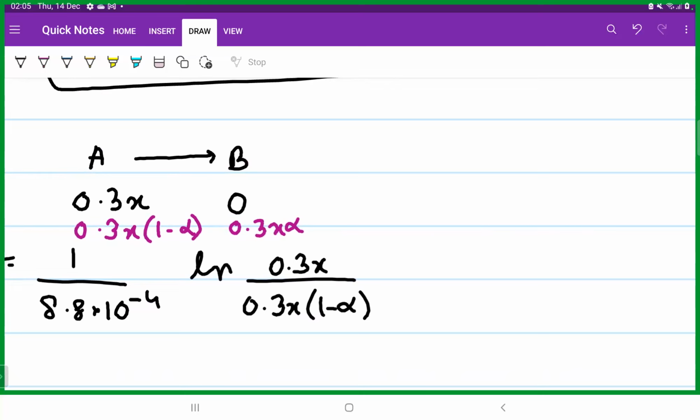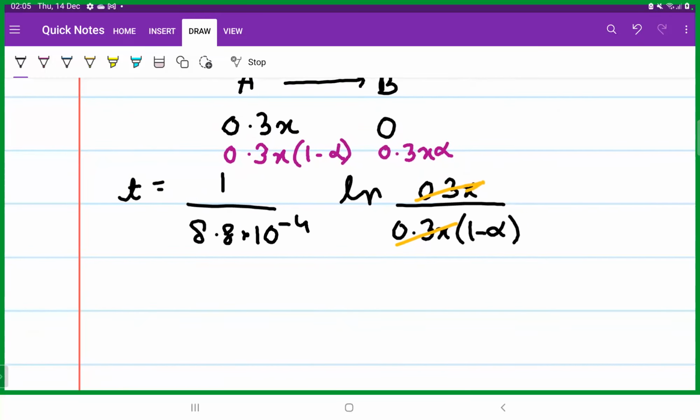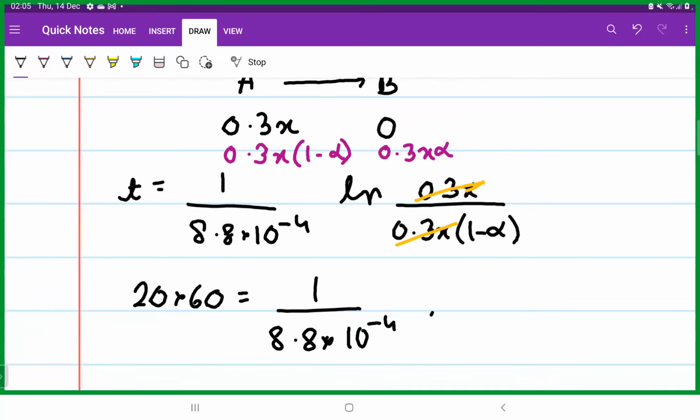Okay, so yeah, let's cancel the x. Most of the terms will be cancelled here, and time is equal to 20, right? Time is equal to 20 into 60 actually, because we will be doing that in seconds. Okay, so from here we can calculate alpha.